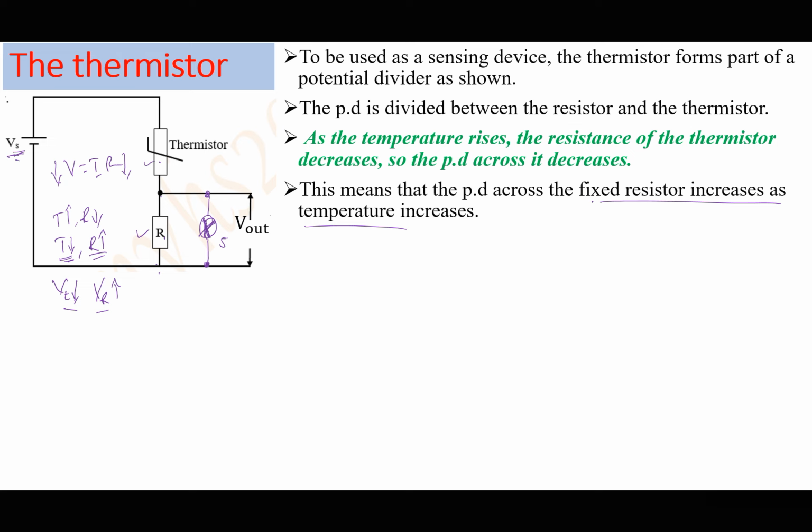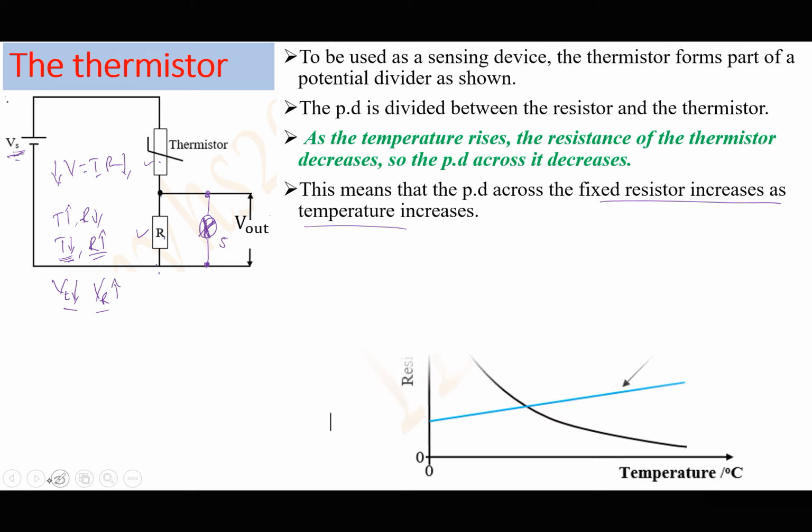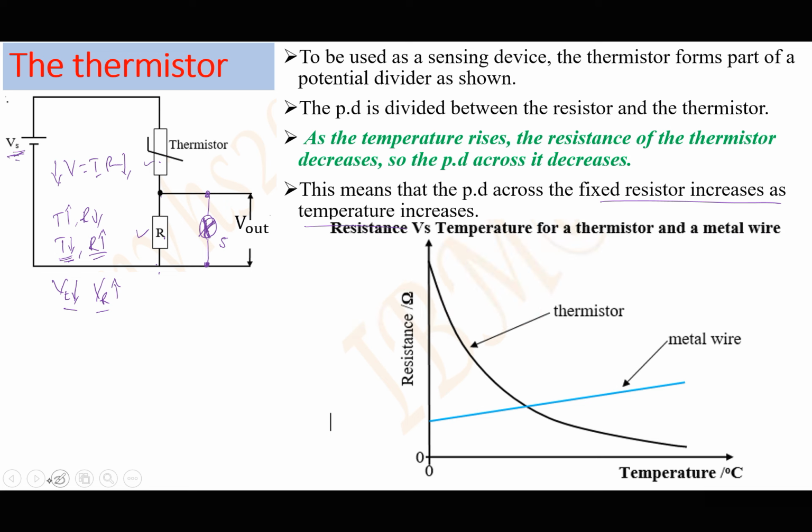If I try to sketch a graph of resistance against temperature for a thermistor and compare it with a metal wire: for a thermistor, we have seen that the resistance is inversely related to temperature.